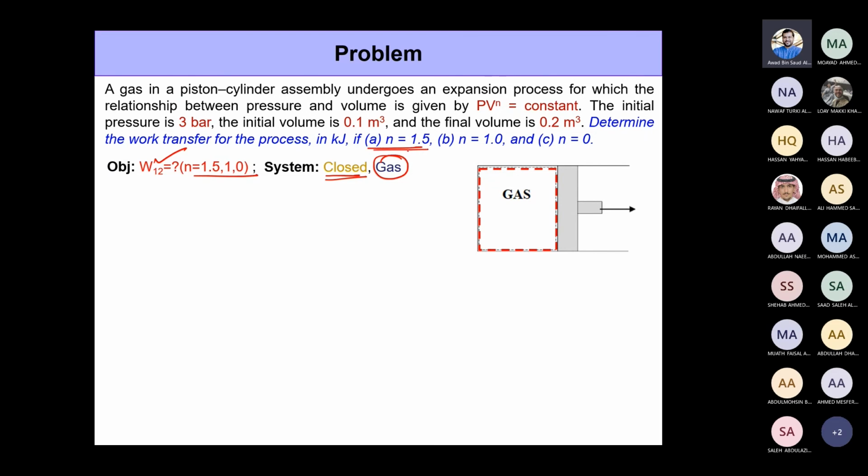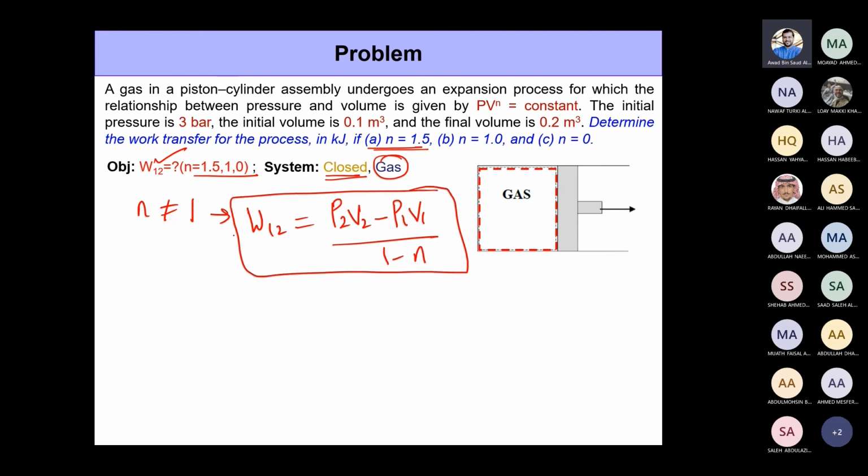When we're dealing with the process 1 to 2, when n is not equal to 1, then W12 is simply equal to (P2 V2 minus P1 V1) divided by (1 minus n). Now this is the general formula, it applies to solids, liquids and gases. It does not have to be an ideal gas for this formula to be applicable.